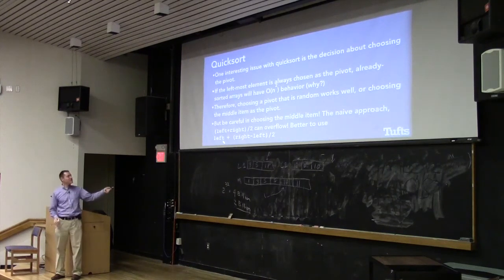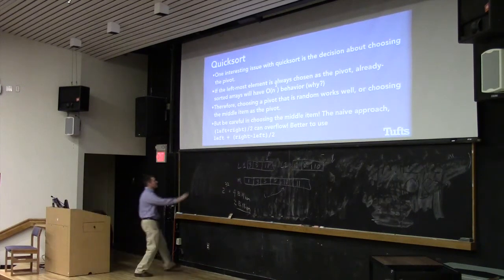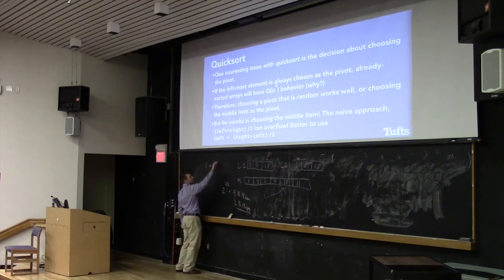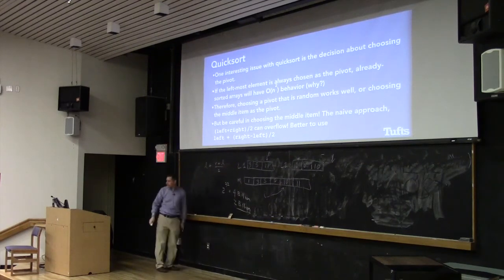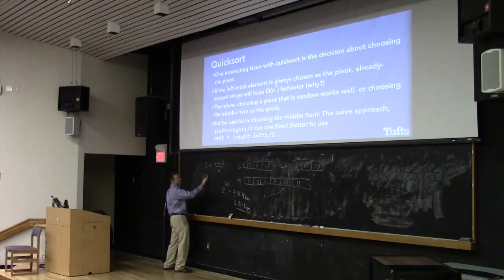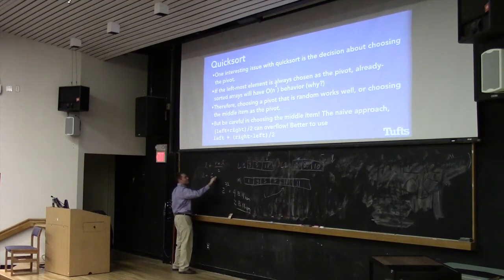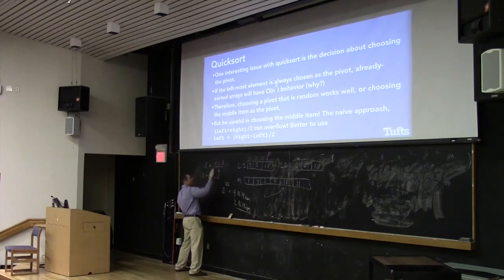But if you do it this way, left plus the quantity right minus left, divided by 2, you end up with the same exact result. If you think about it, this should be right minus left divided by 2.